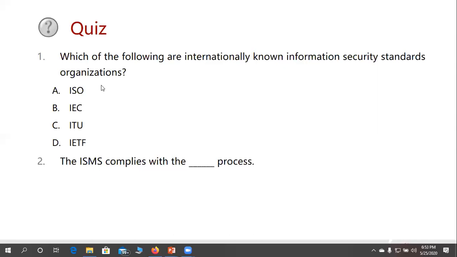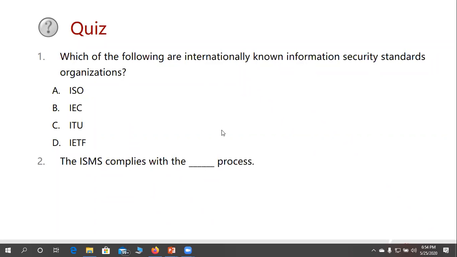Okay, so the quiz. This is the second type of question, multiple choice. Which of the following are internationally known information security standards organizations? Here we just have two, ISO and IEC. The ISMS complies with the dash process.